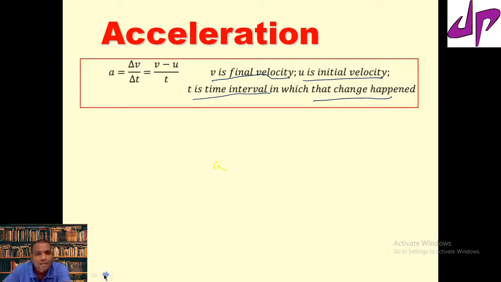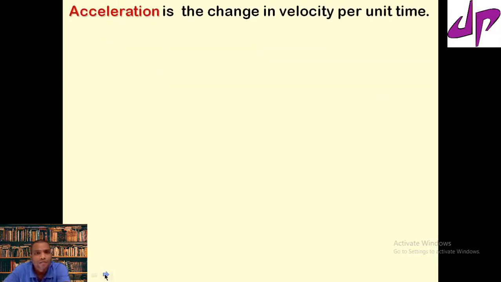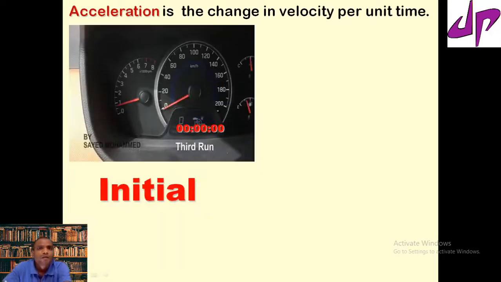Let's calculate the acceleration of the car. This is the initial state: at time 0, the car's initial velocity U equals 0.